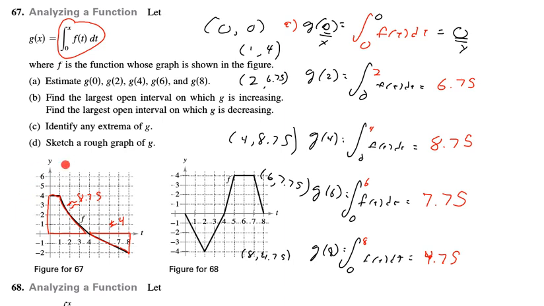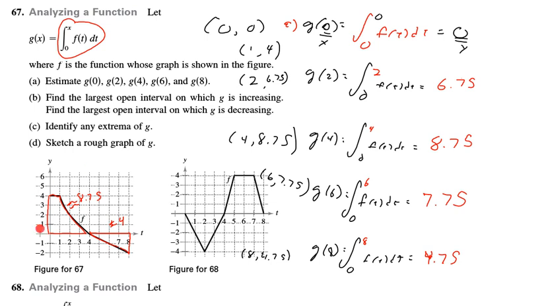Concave down parabola. Peaks at 4, and then continues downward after 4 to 8, right? So it's going to go from 0 up to 4, maximize at 4, and then downward there. So it may look a little bit different. We have some details here we'll talk about, but we basically know the graph is growing until 4, peaks at 4, and then starts to decrease, and that's the graph of g. What the graph of g looks like.